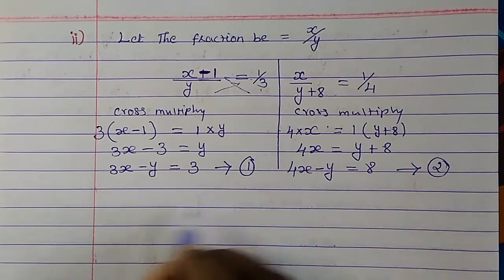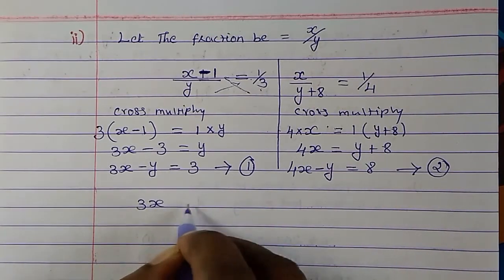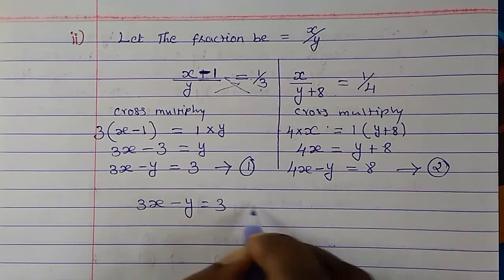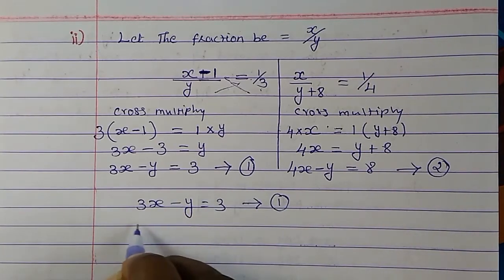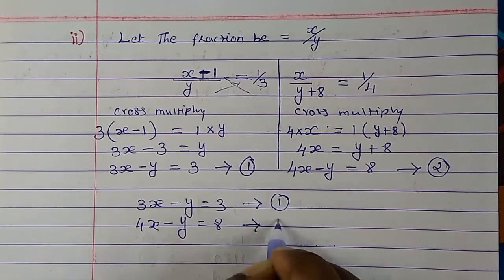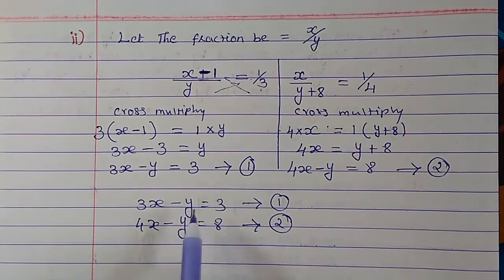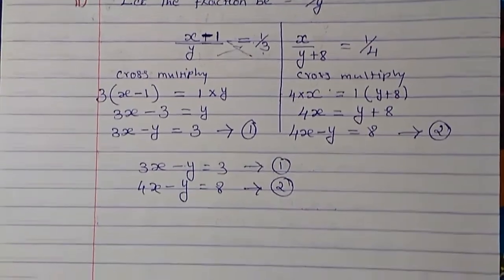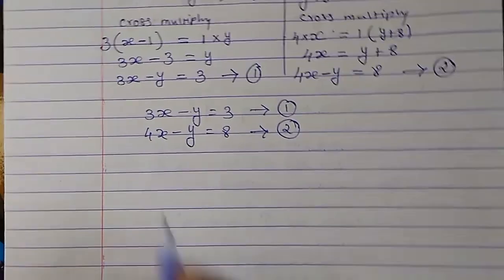I'll write it down properly. 3x minus y equal to 3 is equation 1. 4x minus y equal to 8, equation 2. Both have the same coefficient of y, so to eliminate is easy for us. So we will go for the elimination method, but you can use whichever method you are comfortable with.